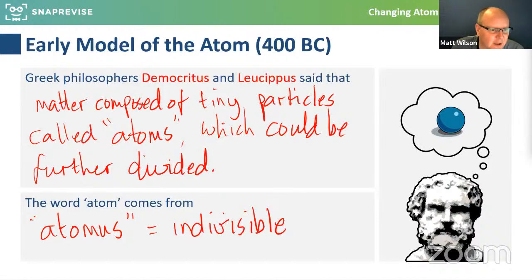So the word atom comes from the idea that atoms were thought to be indivisible, could not be further divided into anything smaller. It was also suggested that atoms were eternal, couldn't be destroyed, and they believed that if you cut anything up until it couldn't be cut up anymore, you would just be left with atoms. So atoms were considered the smallest, tiniest part of any form of matter.